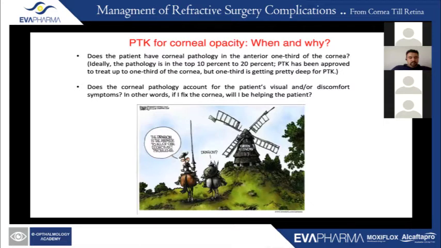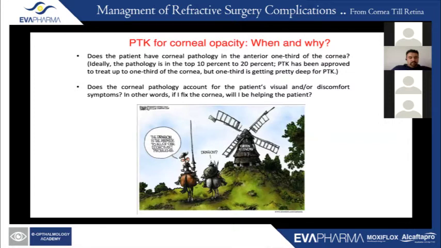And this is the master key for managing all the complication from PRK, and also consider all that kind of scar, that is PTK for corneal opacity. When and why? You can use PTK to correct your corneal refractive problems if the pathology regards the first 1/3 of the cornea.